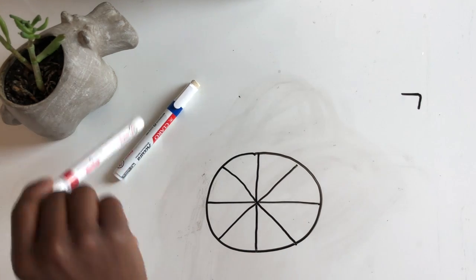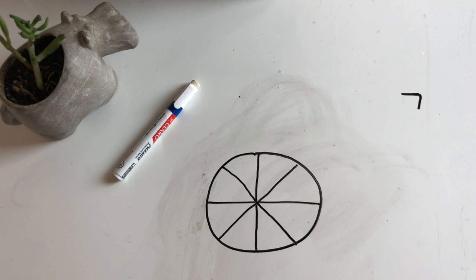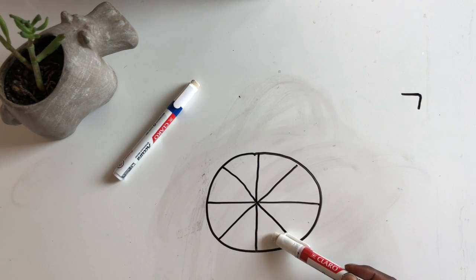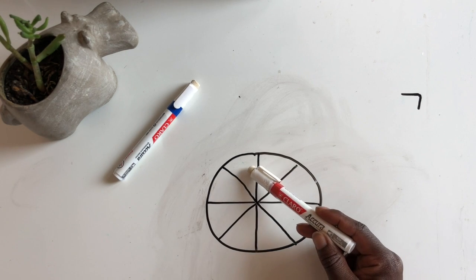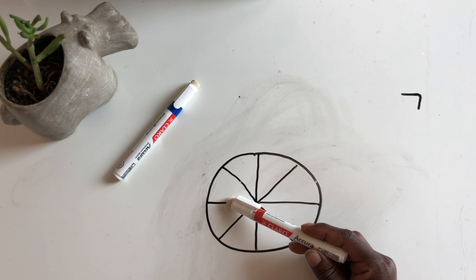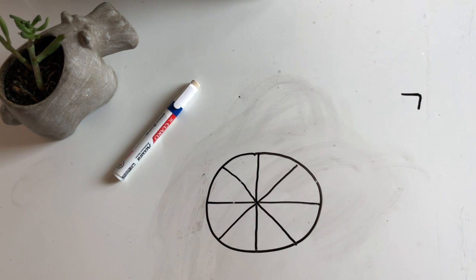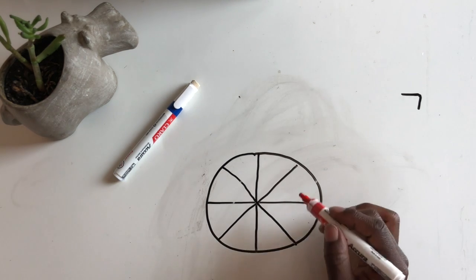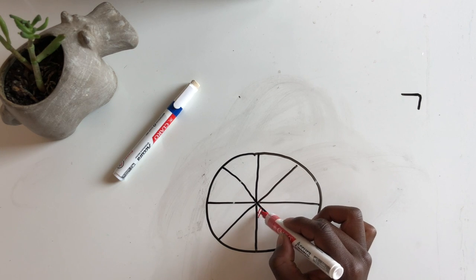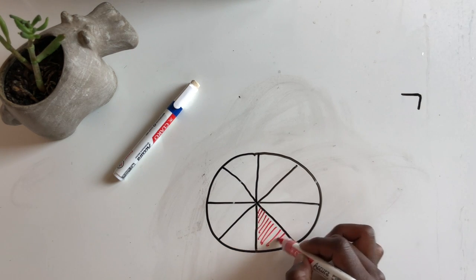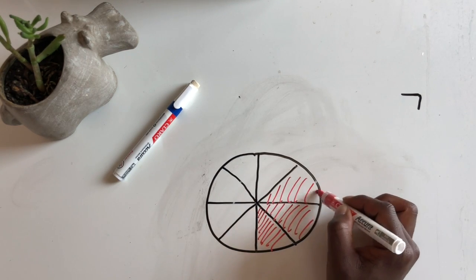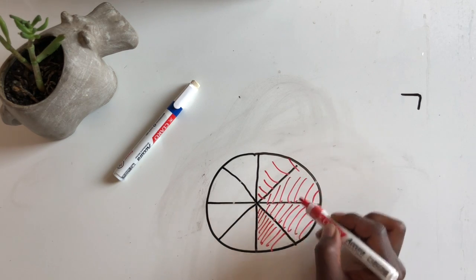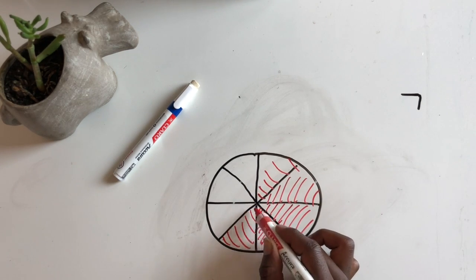Now, we have a circle, and this circle has been divided into 1, 2, 3, 4, 5, 6, 7, and 8 equal parts. Now, let's say we shade 5. So let's take 5 parts out: the first one, the second one, the third one, the fourth one, and the fifth one.